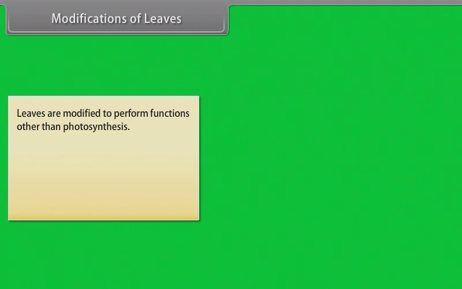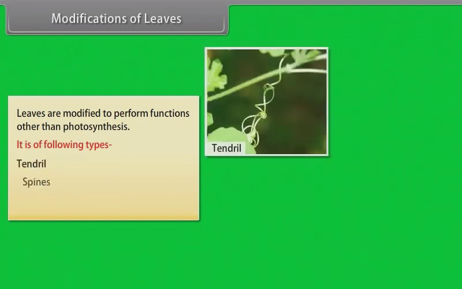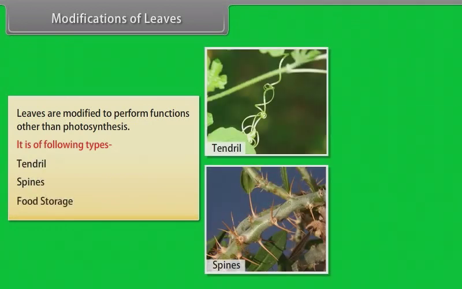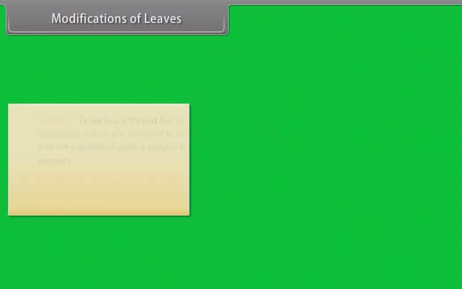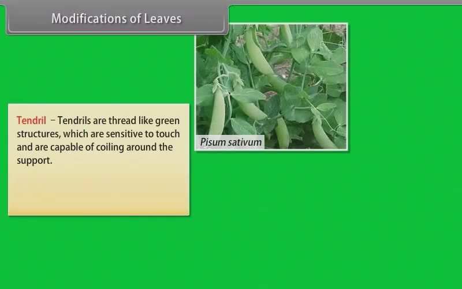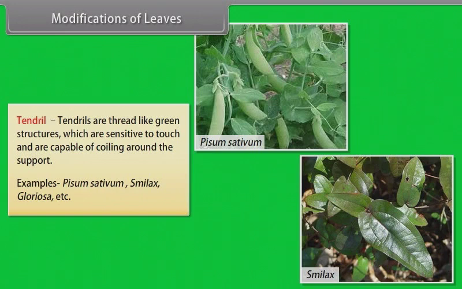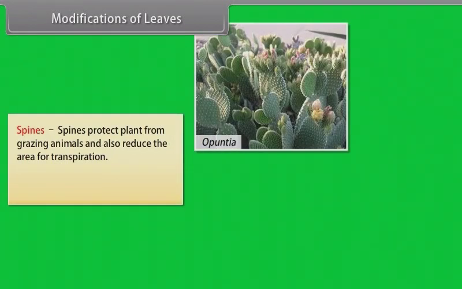Modifications of leaves. Leaves are modified to perform functions other than photosynthesis. It is of following types: tendril, spines, food storage. Tendril. Tendrils are thread-like green structures which are sensitive to touch and are capable of coiling around the support. Examples: Pisum sativum, Smilax, Gloriosa, etc. Spines.